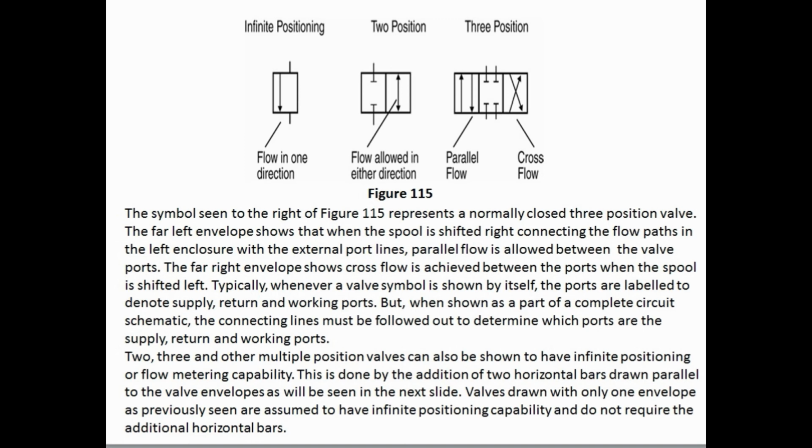Two, three, and other multiple position valves can also be shown to have infinite positioning or flow metering capability. This is done by the addition of two horizontal bars drawn parallel to the valve envelopes, as will be seen in the next slide. Valves drawn with only one envelope, as previously seen, are assumed to have infinite positioning capability and do not require the additional horizontal bars.